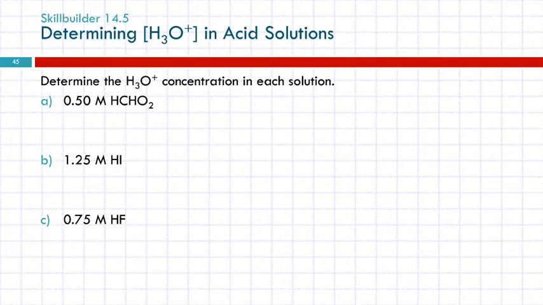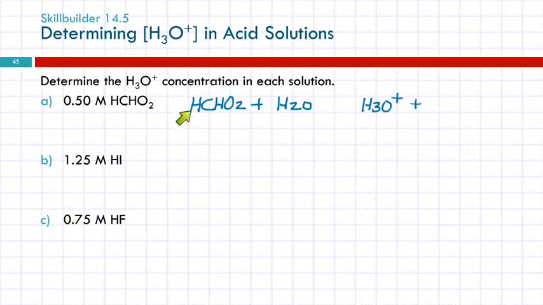So in a weak acid, let's draw the equation. The weak acid, HCHO2, we put it into water. It's going to act as an acid. It's going to donate a hydrogen ion to the water. So we're going to get H3O plus, and then we're going to look at what's left after we remove that hydrogen and a positive charge. We've got CHO2 with a negative charge. And this is a weak acid, so this has a double-headed arrow.